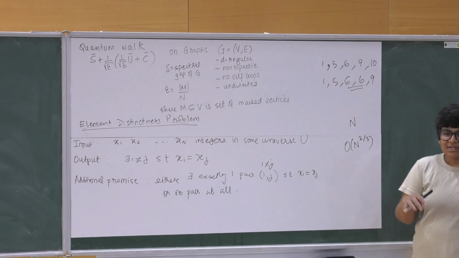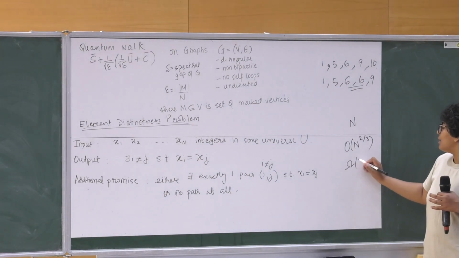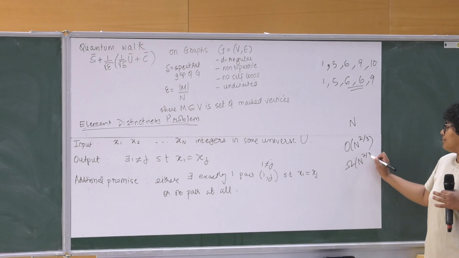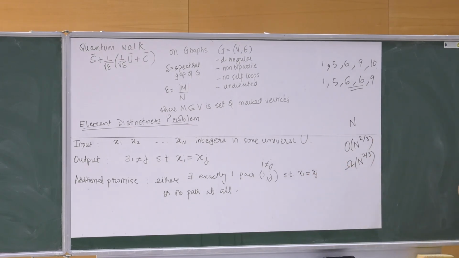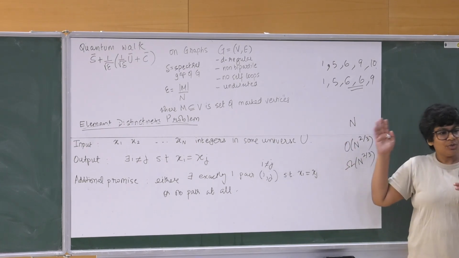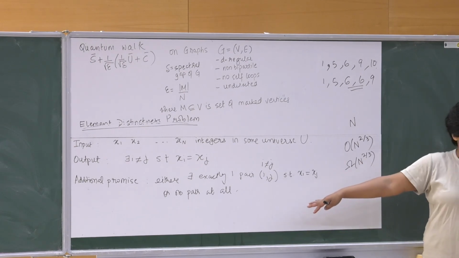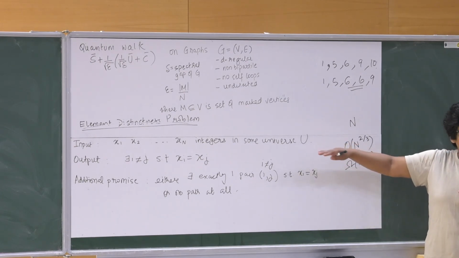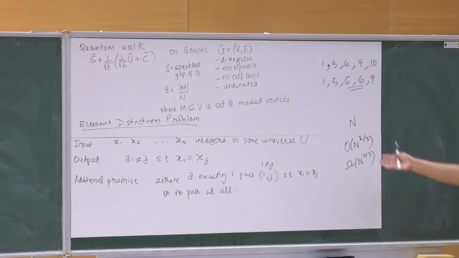And the cool part is that you cannot do anything beyond n to the power 2/3 queries for this problem. That was a separate result proven by Xi, which argued that even if you have quantum access to these queries, you will still need n to the power 2/3 queries. So in some sense, the algorithm that I'm going to give you is one of the best algorithms because it achieves the exact bound.